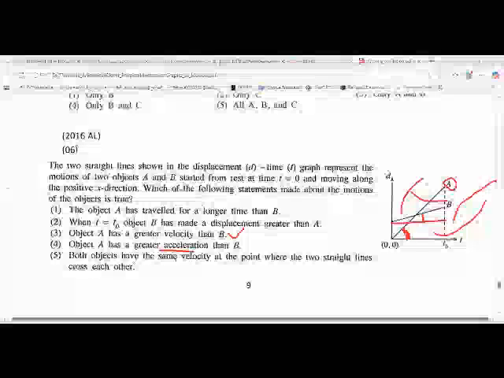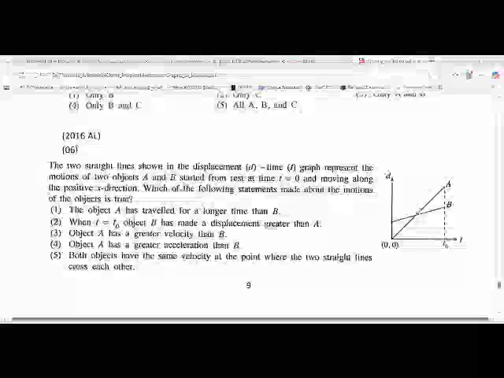In the last case, both objects have the same velocity at the point where the two straight lines cross each other. At this point we can't decide their velocities are equal. No, but one thing you can tell, their displacements are equal at that crossing point.